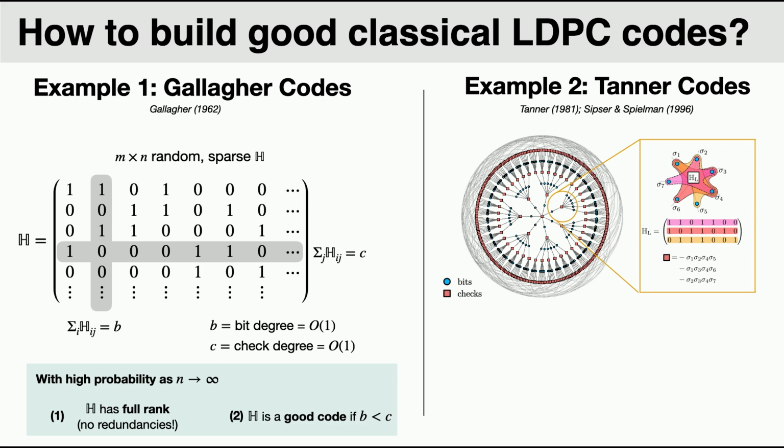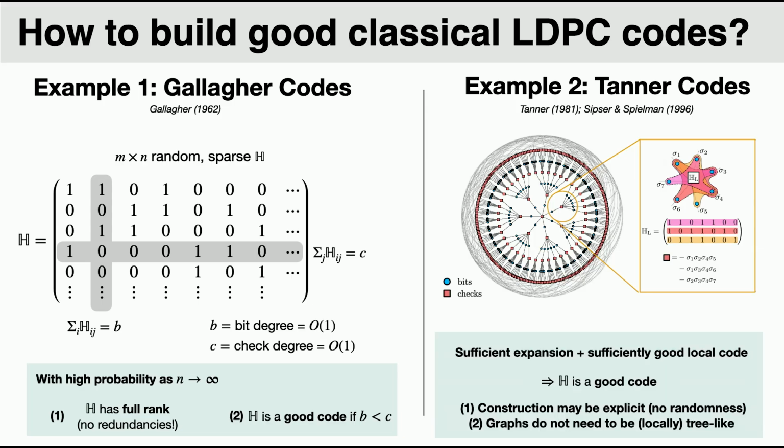And I can put down this Hamming 7-4-3 code that I had shown you earlier, which acts on the 7 bits adjacent to that vertex. And that same code is now repeated everywhere. And the checks of the global code are the collection of checks of every one of these local codes. Okay? So now this is manifestly local on this graph. So it's manifestly LDPC. And now you can show that as long as your graph is sufficiently expanding, there are various ways to quantify the expansion of the graph.